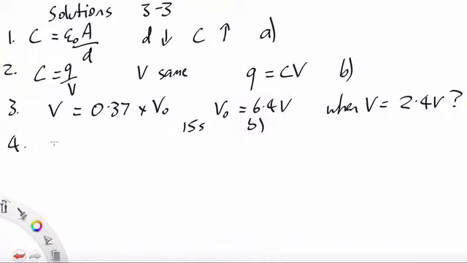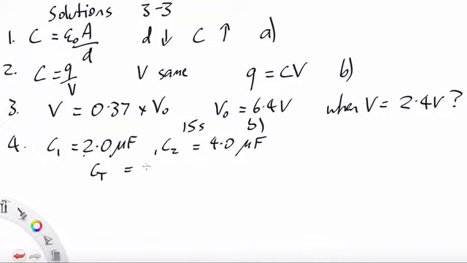Now number 4, we have capacitance C1 is 2 microfarads, C2 is 4 microfarads. So the total, since they're in parallel, we just add them, C1 plus C2, so that is 6 microfarads.